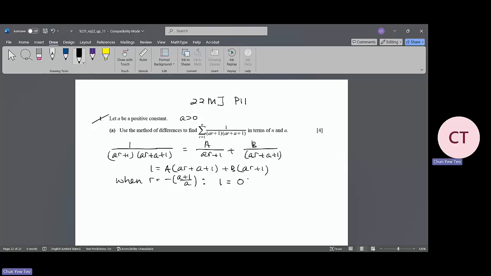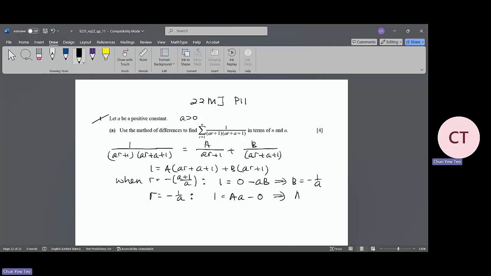Then negative a minus 1. So your B will be negative 1 over a. Similarly, when r is equal to negative 1 over a, you get 1 equals to this.